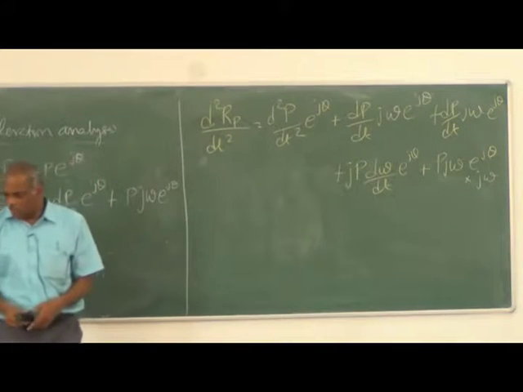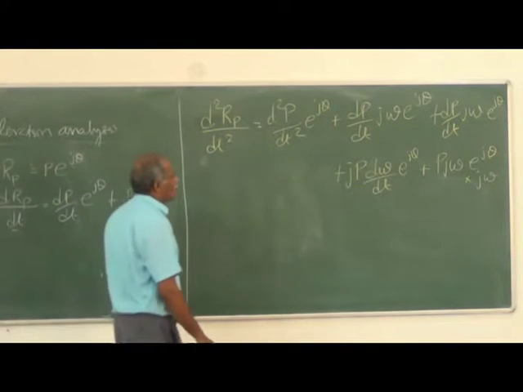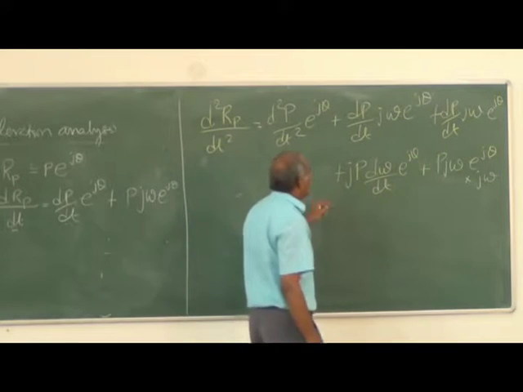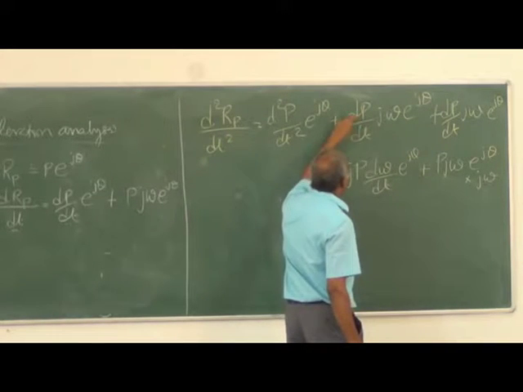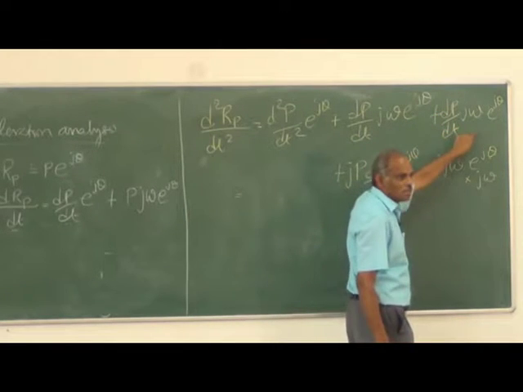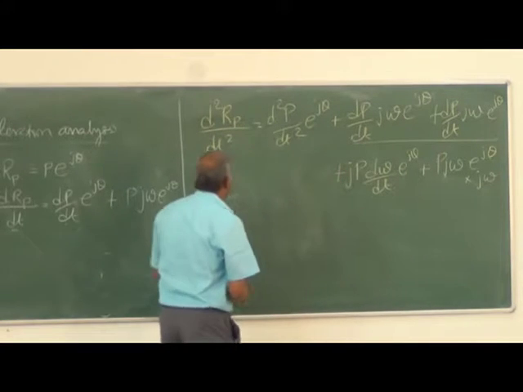So these are the terms that we get when you differentiate it. Here we'll try to see whether anything can be combined. You can see here dp by dt j omega e power j theta, the same term is repeating. So these two terms we can sum up.